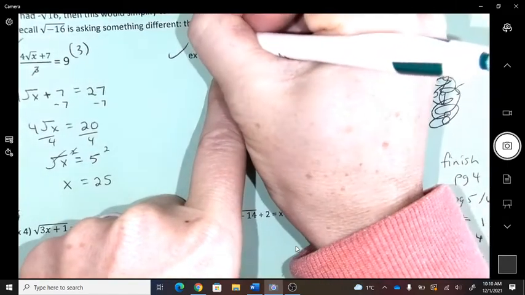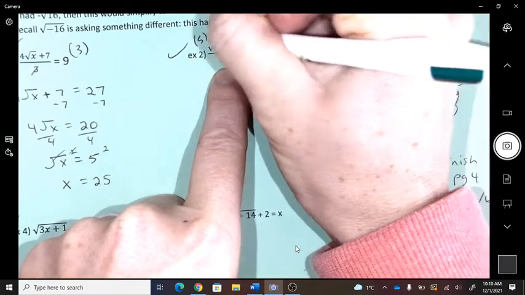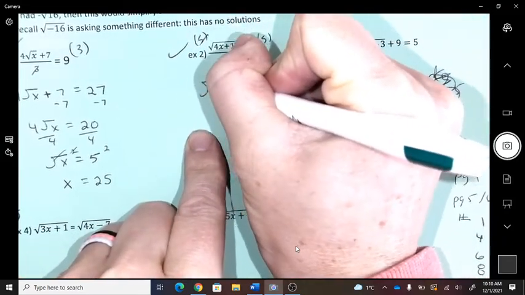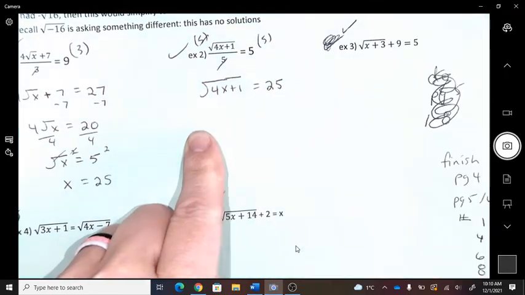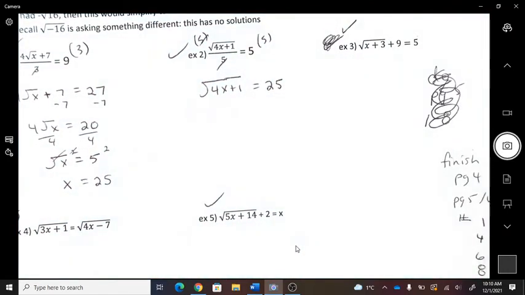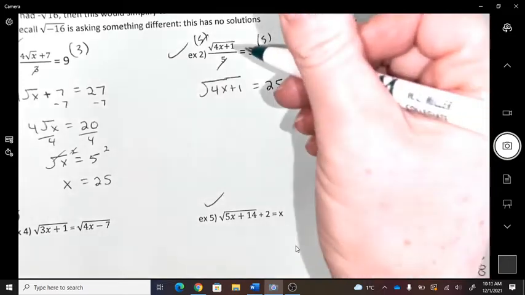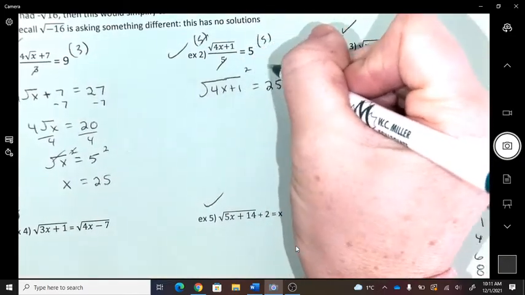So I'm going to multiply by 5. But do you see here that I'm not allowed to subtract 1? Because I can't take it out of the radical. So once I have the radical by itself, I'm going to square.